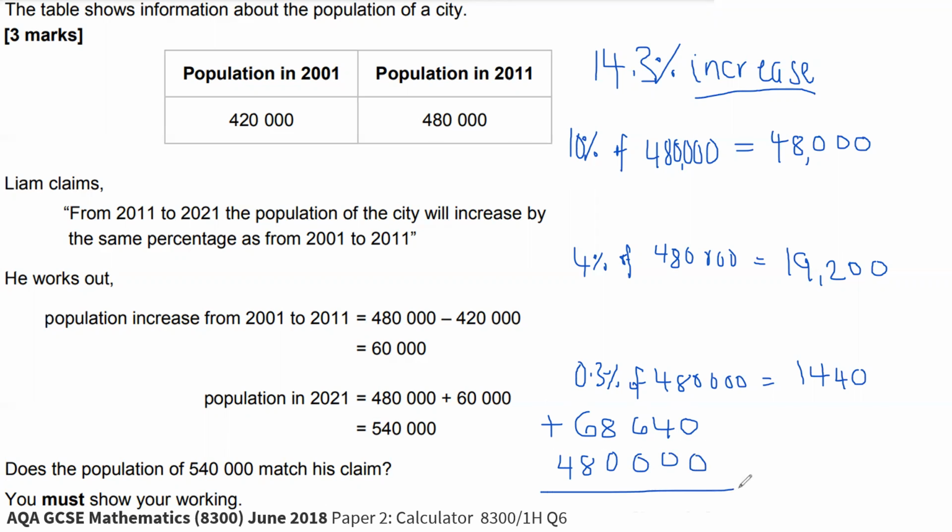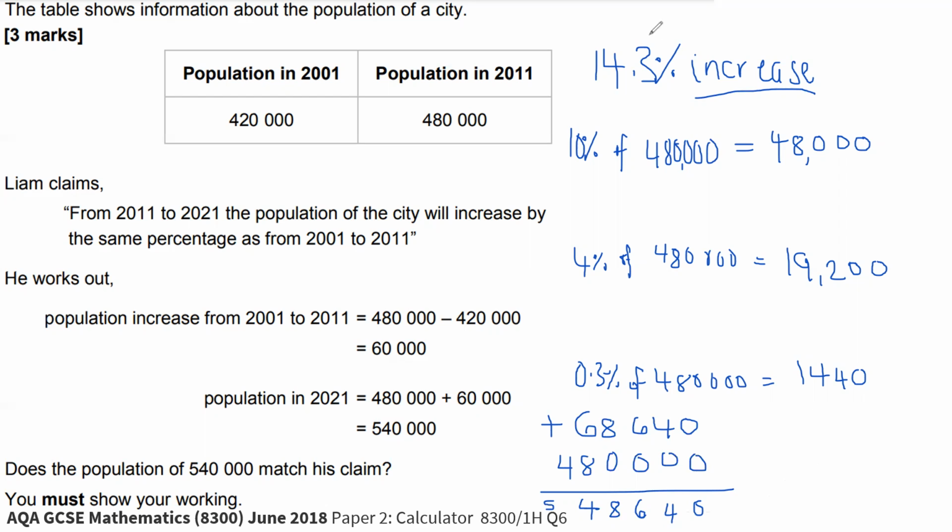And if we do that, then we get a final answer of 548,640. And hopefully you'll notice that this is exactly the same answer as you've got using the other previous two methods. This is just a slightly more straightforward way of working it out, by working out each step separately. But you will get exactly the same answer.